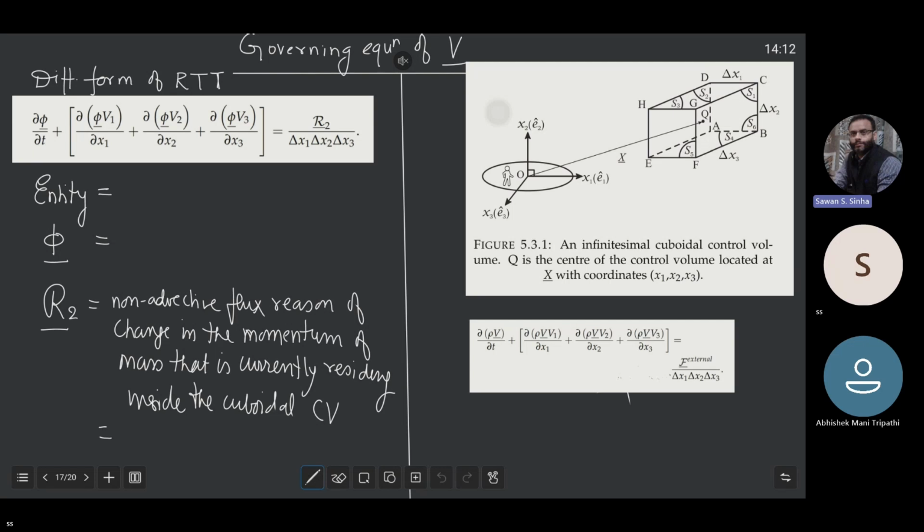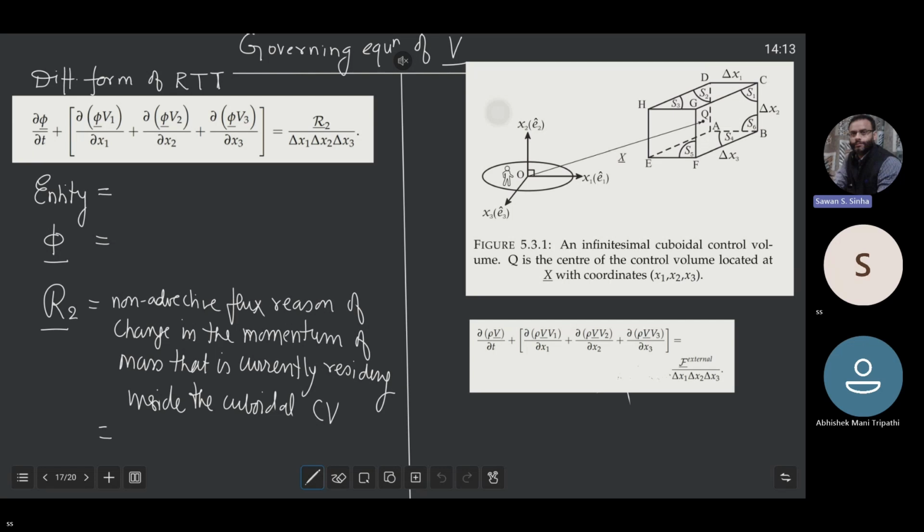Entity per unit volume of fluid, when multiplied by dV, which is a small infinitesimal volume we will take here, gives you how much of the entity, how much mass, is there in this. And once I have that, I just have to do this summation over the whole control volume. That is the volume integral. Is it clear?